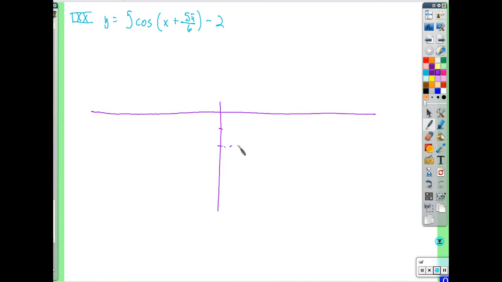Okay, that's going to be the midline. Remember that from the first problem we did in this homework set. It's going to have an amplitude of 5, so it's going to go up 1, 2, 3, 4, 5. Okay, that's going to be the top of the wave, and 1, 2, 3, 4, 5.